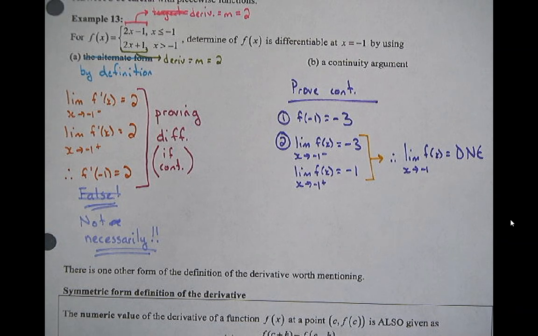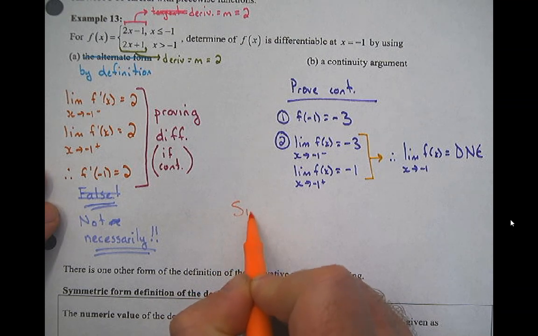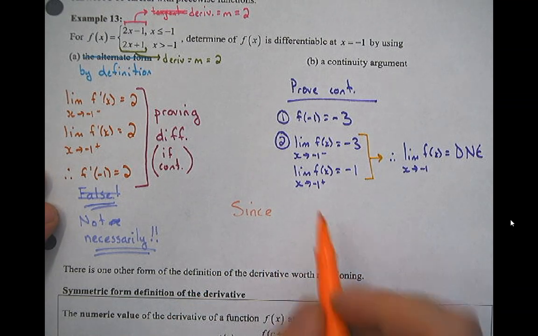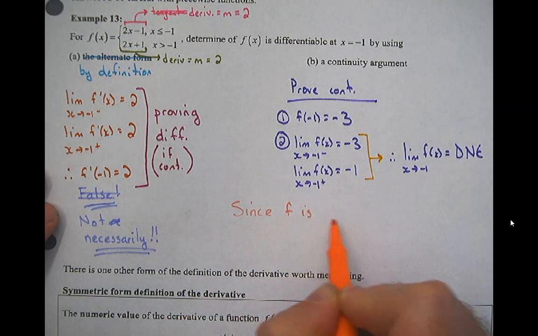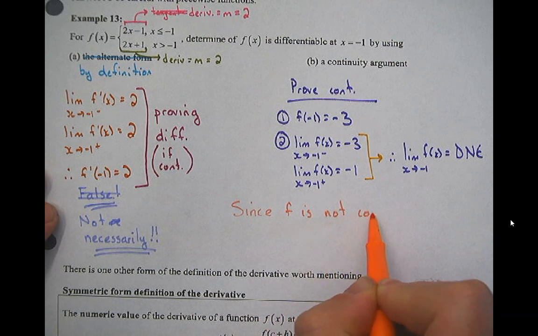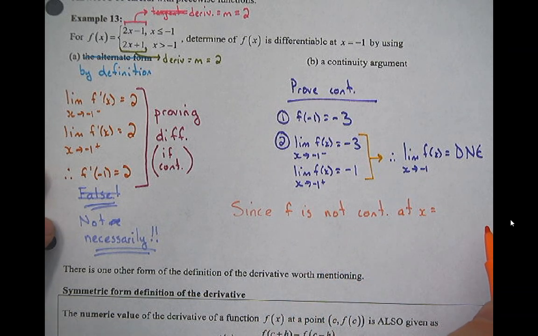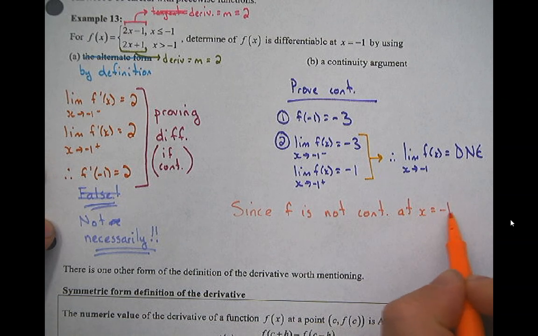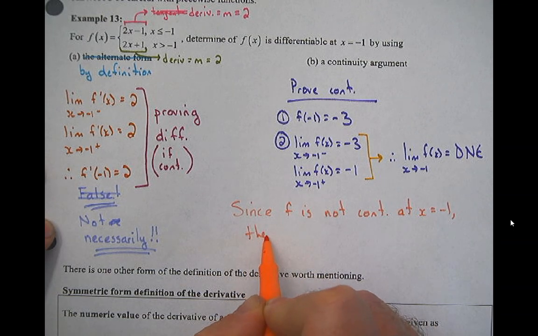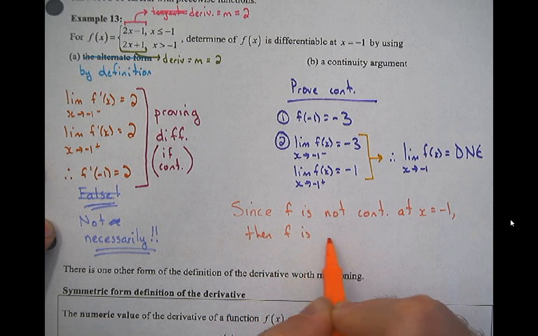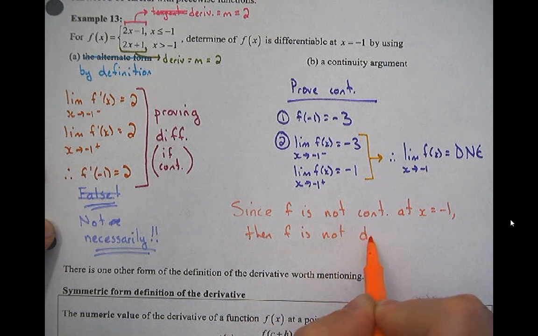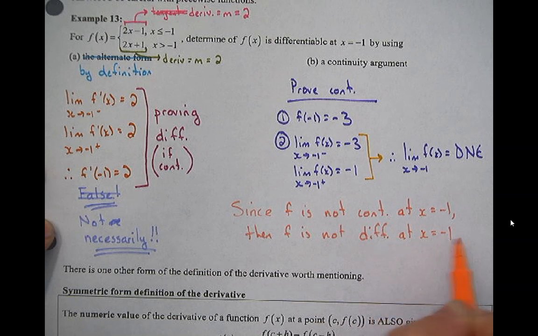So then our write-up would look something like this: since f is not continuous at x equals negative 1, then f is not differentiable at x equals negative 1.